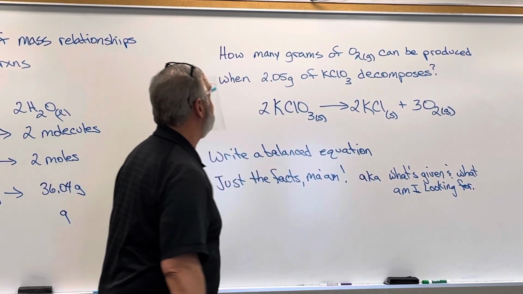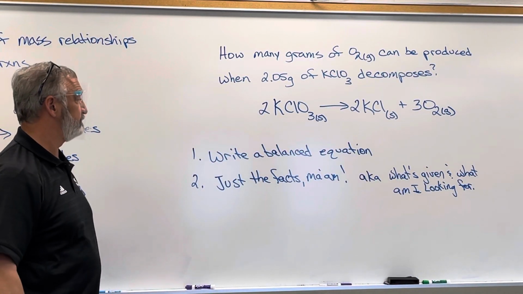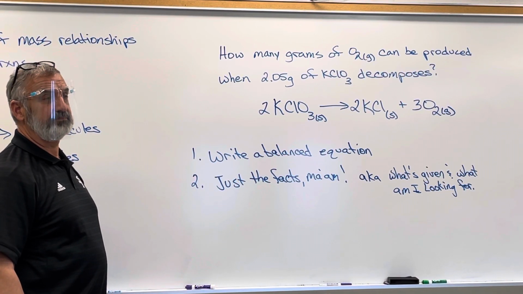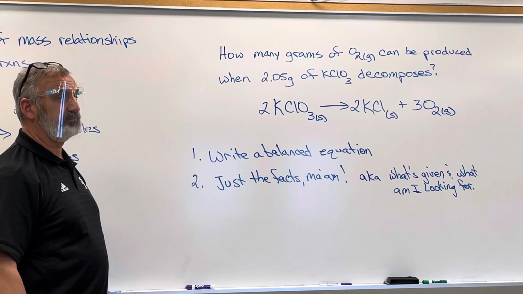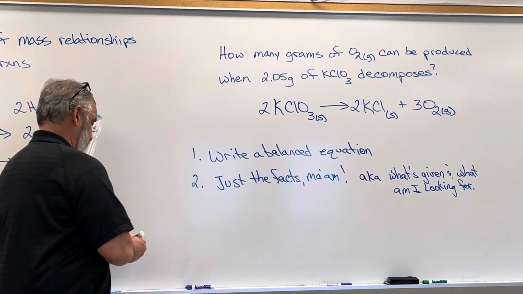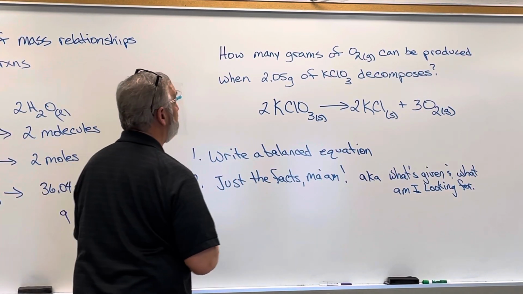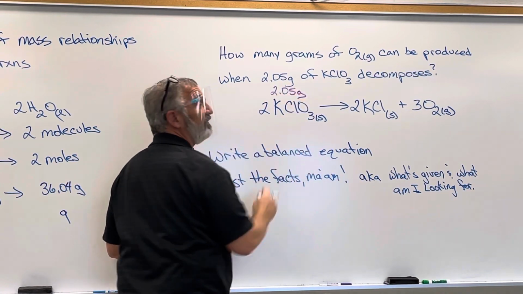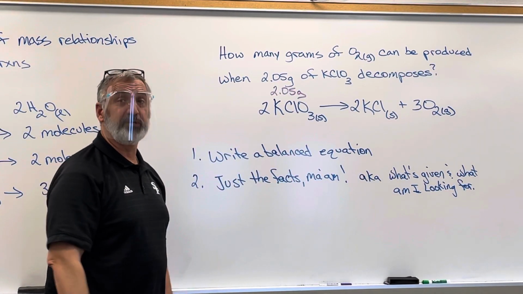So, what am I given in this and what am I looking for? I'm given 2.05 grams, right? And I like to just write it right above whatever it's given. What am I looking for?